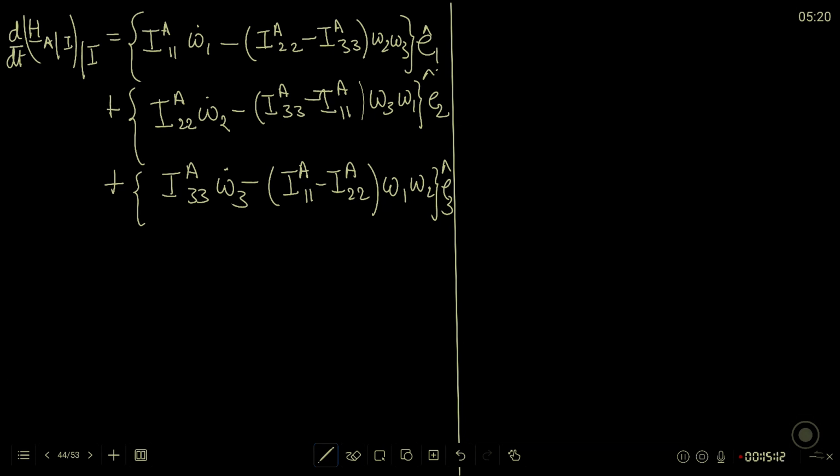Okay. So this is the rate of change of angular momentum with respect to I.